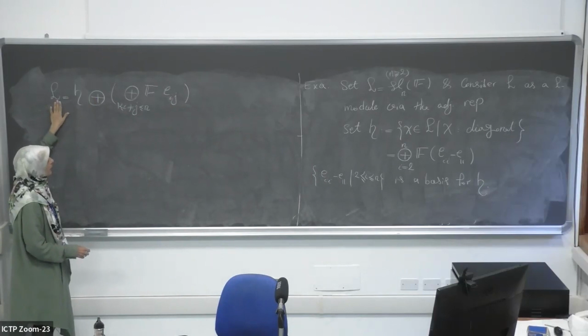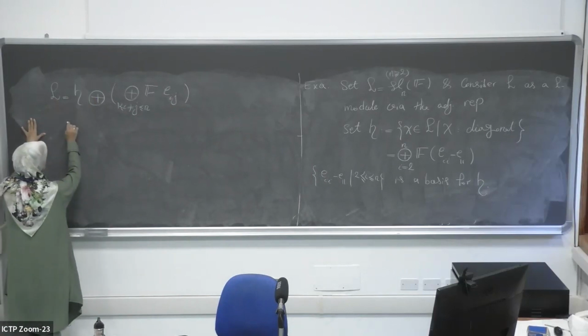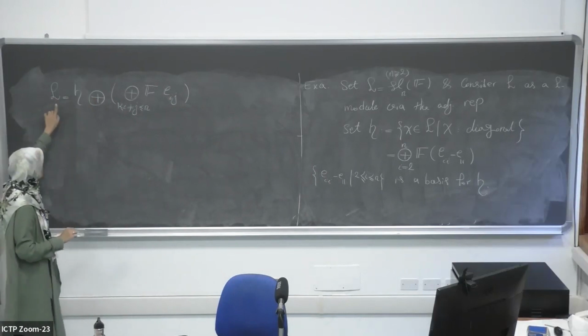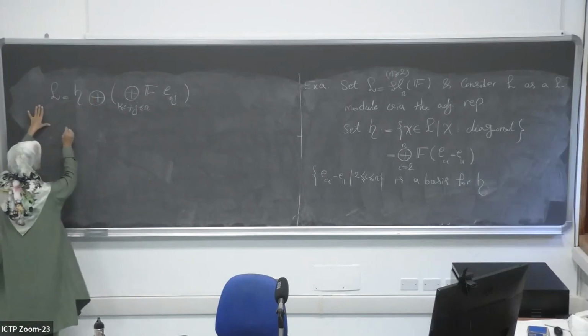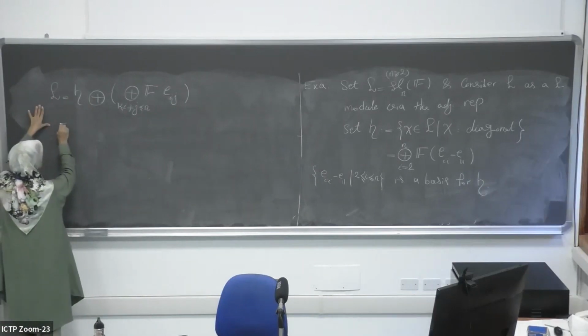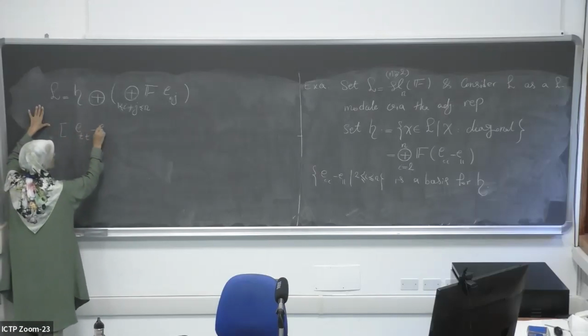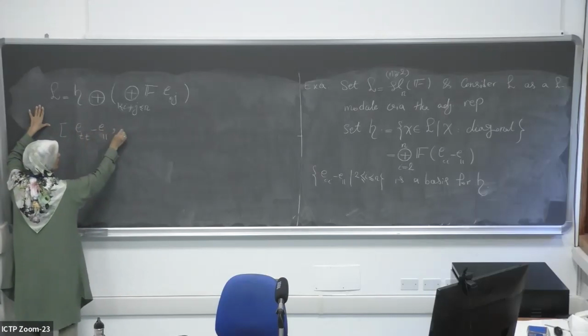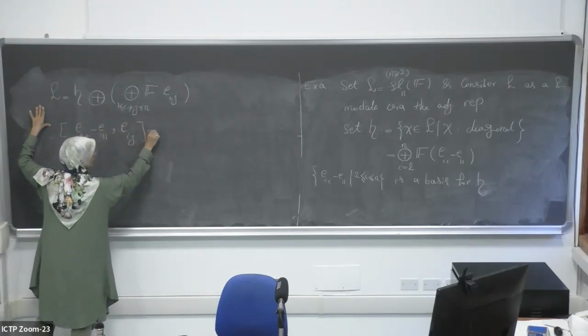But again, let's look at this L as an L-module using the adjoint representation. And let's look at the bracket of E_tt minus E_11 and E_ij. What happened here?